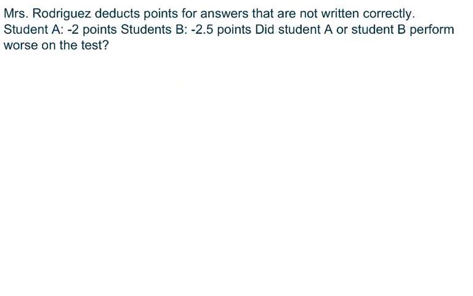All right, next example. Miss Rodriguez deducts points for answers that are not written correctly. Student A got minus 2 points, and student B received minus 2.5 points. Did student A or student B perform worse on the test? Let's start by drawing a number line.